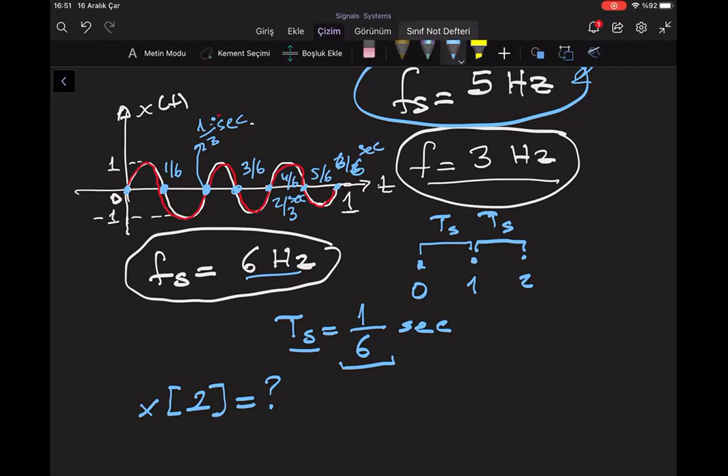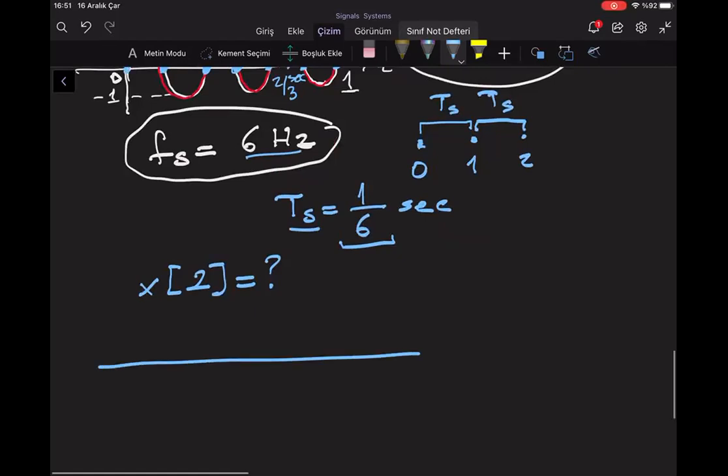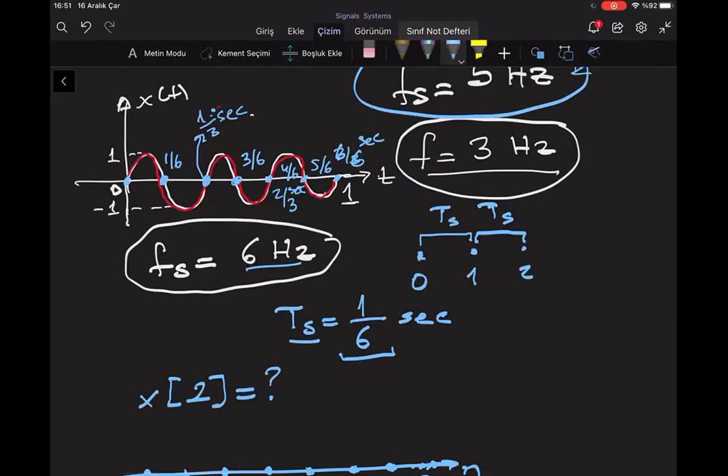So if I derive the discrete time version, everything is 0, right? Even though my signal is sinusoidal. Interesting.